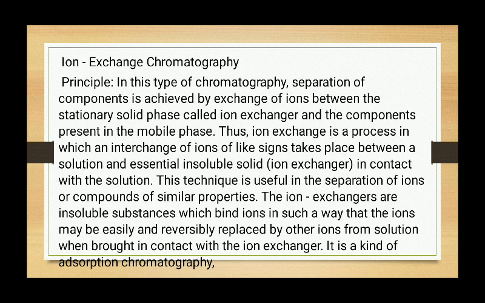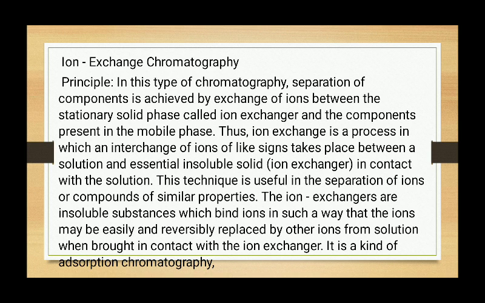Now, ion exchange chromatography. In this type of chromatography, separation of components is achieved by exchange of ions between the stationary solid phase called ion exchanger and the components present in the mobile phase.